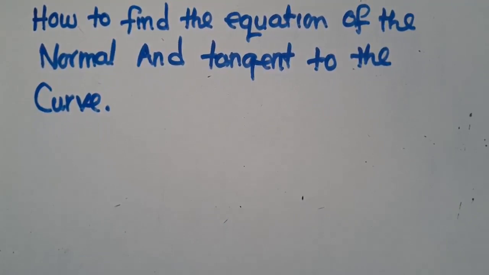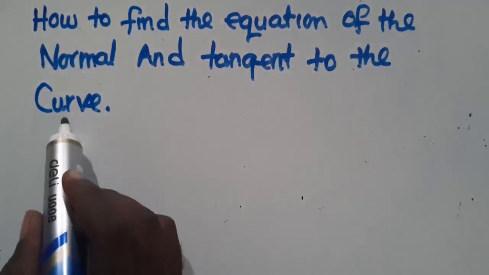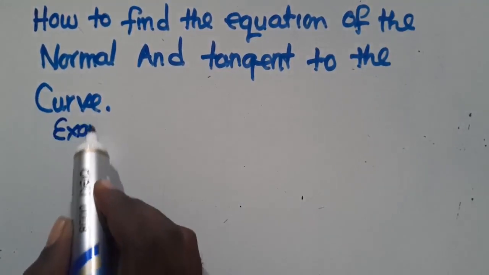Where you are given a curve, let us look at this particular example. We look at this wonderful example where you are taught to find the equation of the normal and equation of the tangent. How can you answer this particular question? So straight away we'll go into an example.